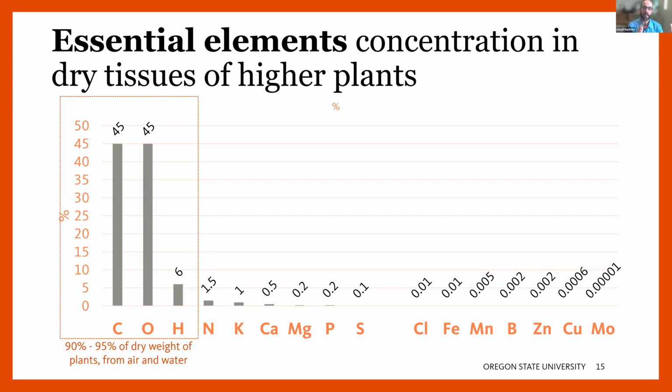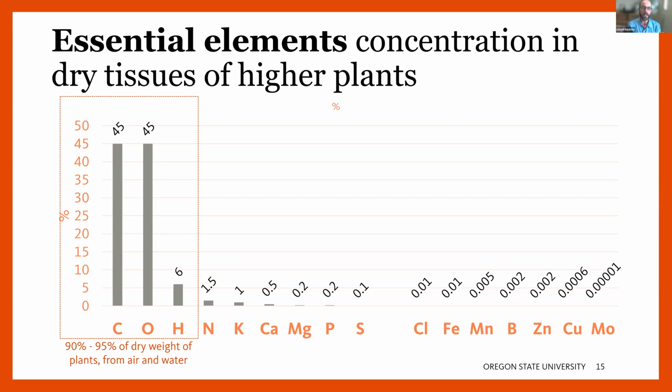And they're grouped together by me as macronutrients. They're called macronutrients because they're found in relatively higher concentration in the plant. And so what this bar graph is showing is a generalized amount of the percentage of these elements in a plant. So scientists take plant tissue, dry it down, grind it up, and put it in some sort of analysis system.